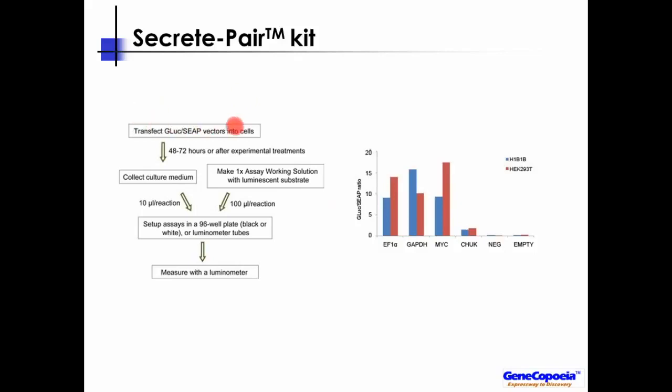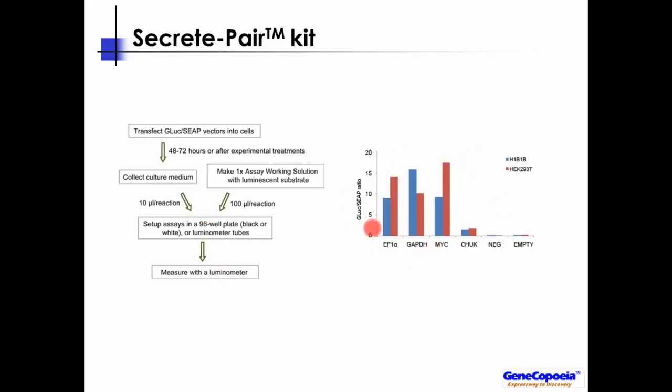So the vectors are transfected into cells, and then anywhere from 48 to 72 hours after the experimental treatment, that is the addition of your stimulus, you collect the culture medium and then set up assays in a 96-well plate and measure with a luminometer. It's very convenient.